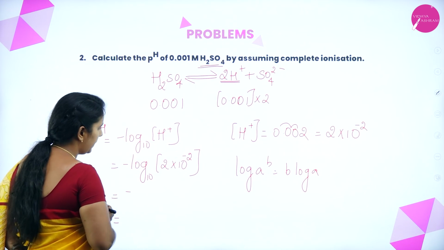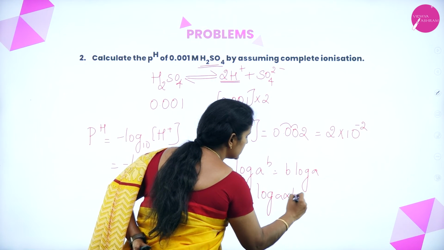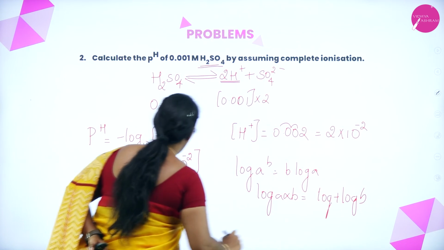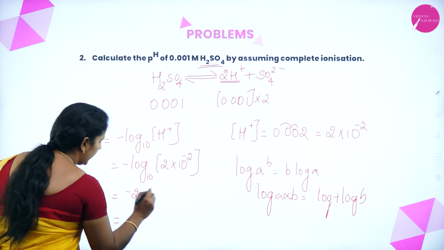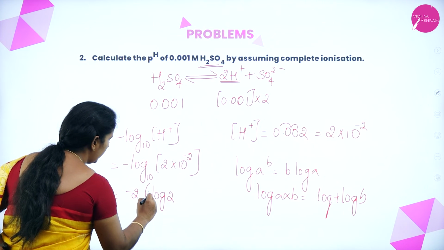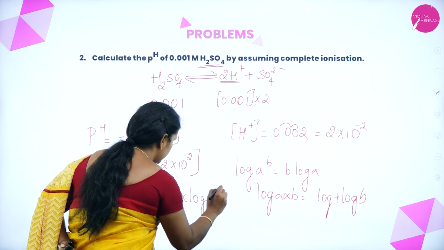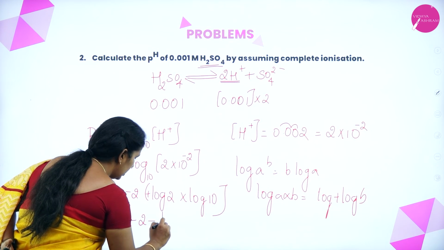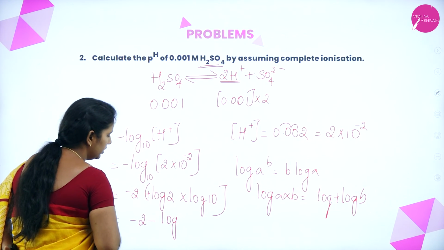a into b. So how can we write log of a into b, which is equal to log a plus log b. Correct, no? So we know what the log a is. It is nothing but 2 into log 2, okay, into log 10, okay. So minus of minus 2 into log 2.